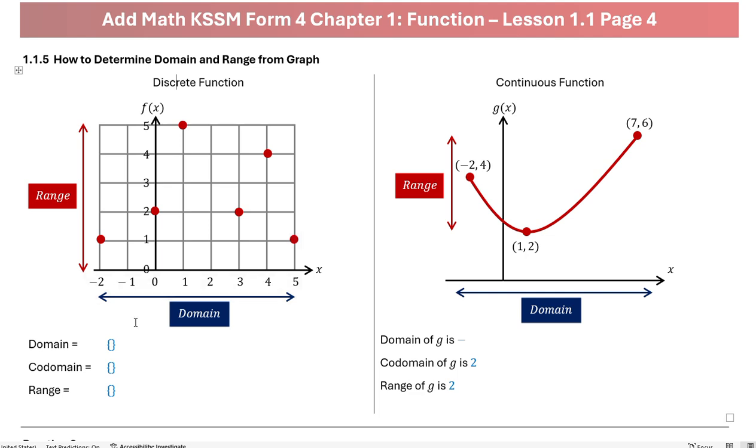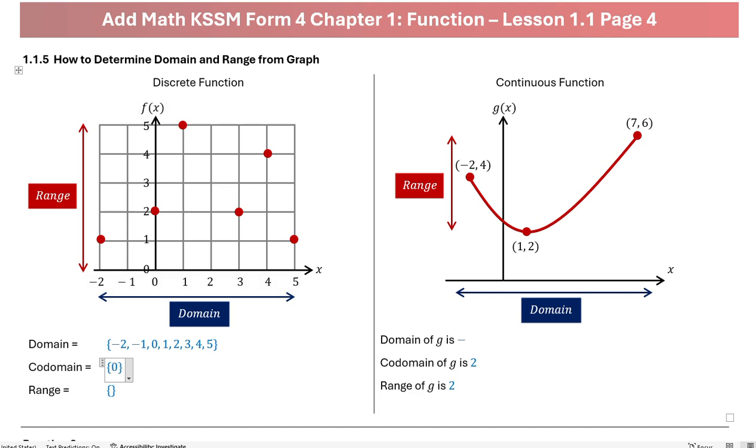Right, so what's the domain in this case? Domain, horizontal axis, so -2, -1, 0, 1, 2, 3, 4, 5. Codomain, all the objects on the vertical, all elements on the vertical.